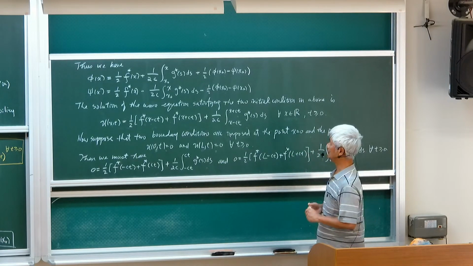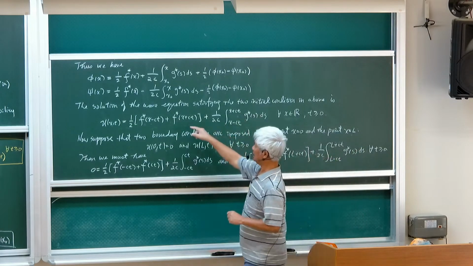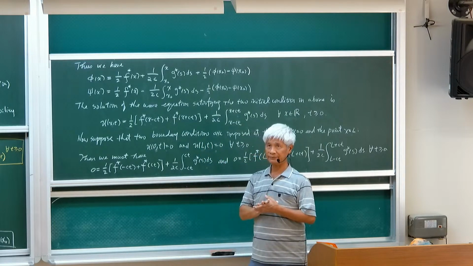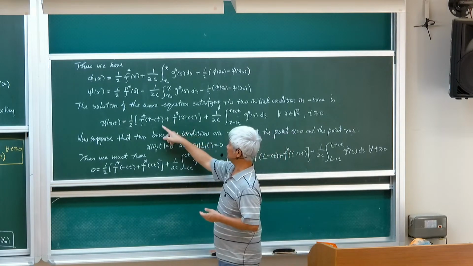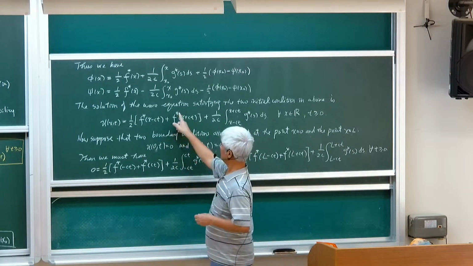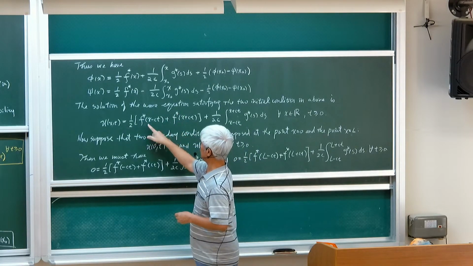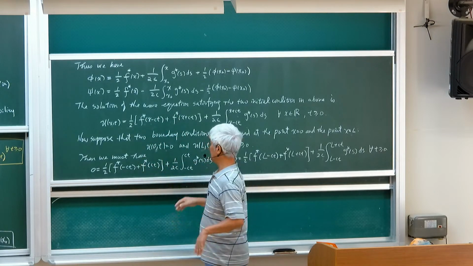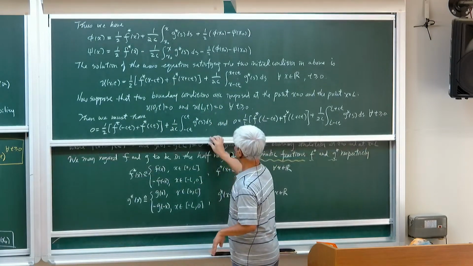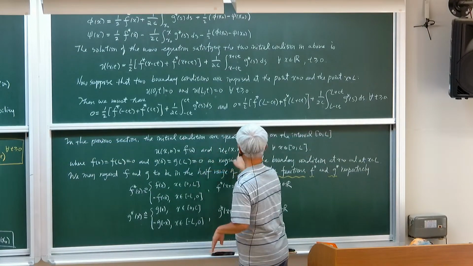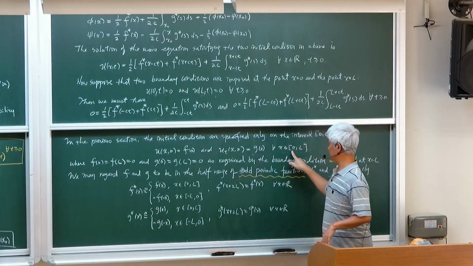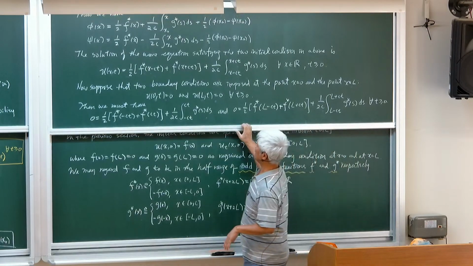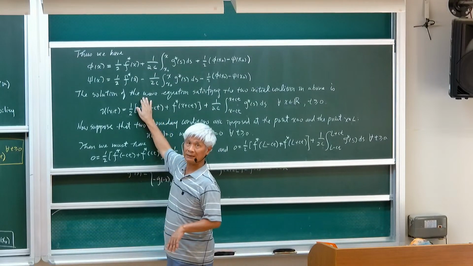But when you write it down, you have to use the f star, because f star is defined on the whole real line. Remember, f and g are defined only for x between 0 and L. So you can't say, oh, this is f. Why?